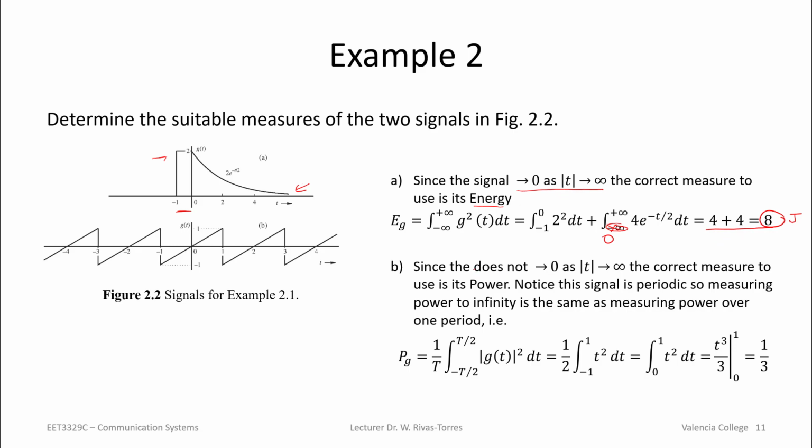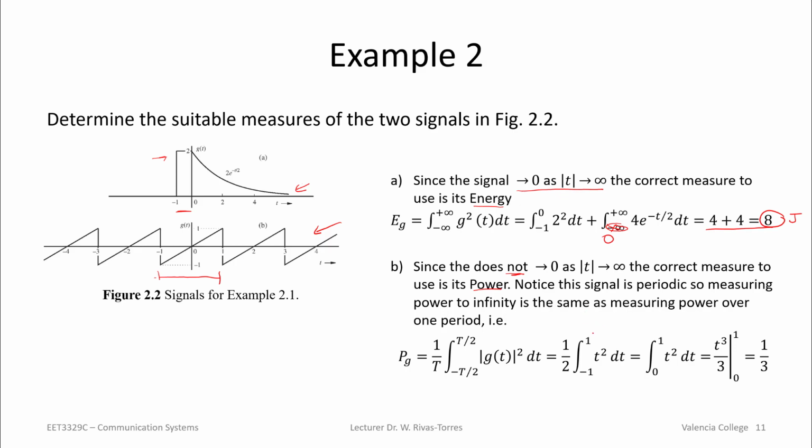And the second one, since g(t) does not tend to 0 as t goes to infinity, we will use power. And again, you have to define some kind of a period or time interval, but we happen to notice that the signal in B is periodic, so we can just integrate over one period. From here to here is one period, so between -1 and 1.